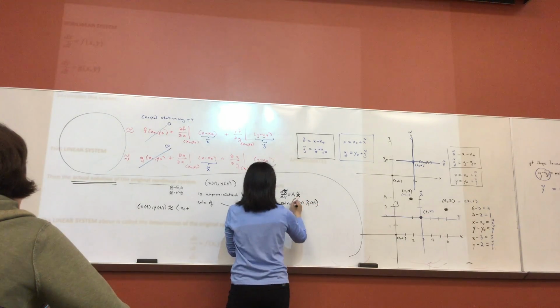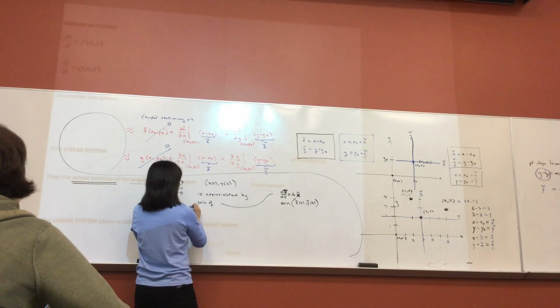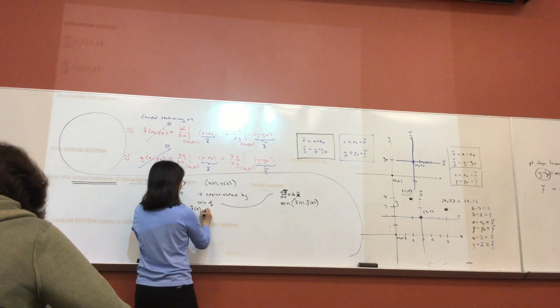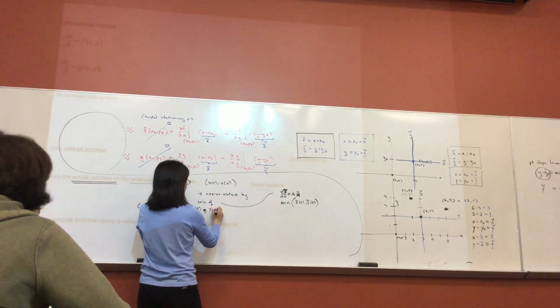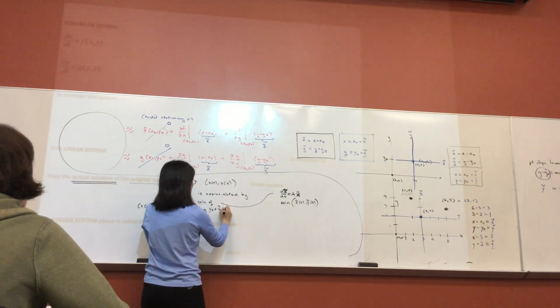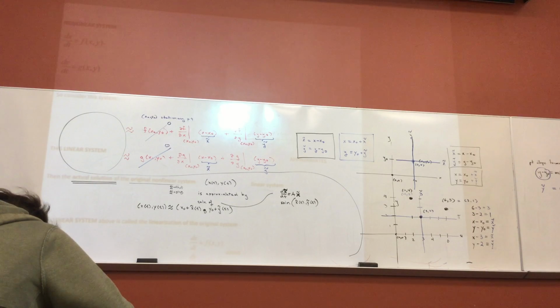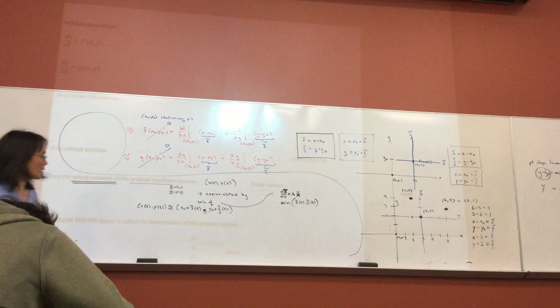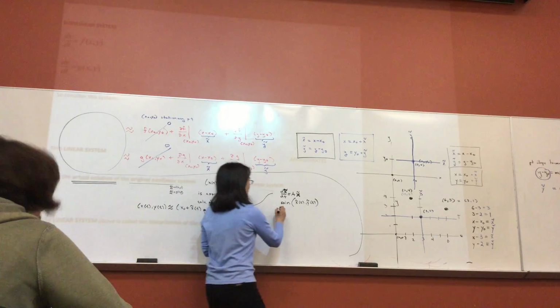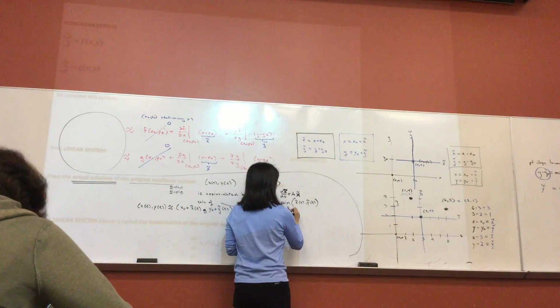You have to switch back, because you have to deal with the change of coordinates right there. So this is the solution of the linear system.